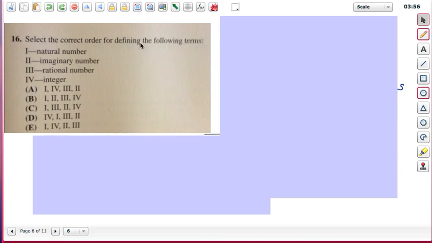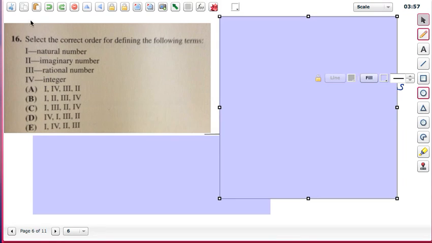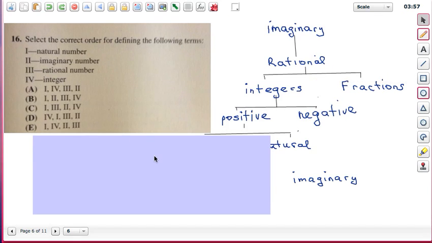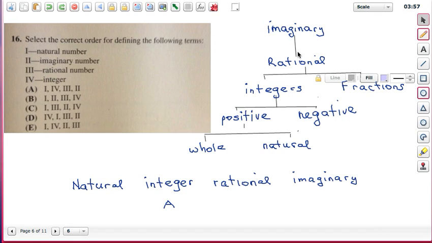Select the correct order for defining the following terms: natural number, imaginary number, rational number, and integer. So let's go ahead and review the real number system. You have the imaginary number, the rational number, which can be broken down into integers and fractions. The integers can be broken down into positive and negative integers.